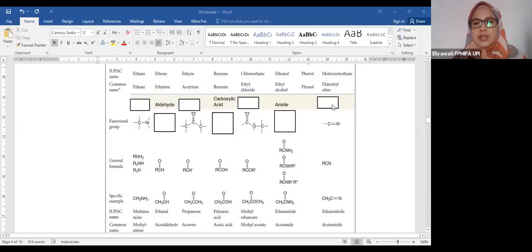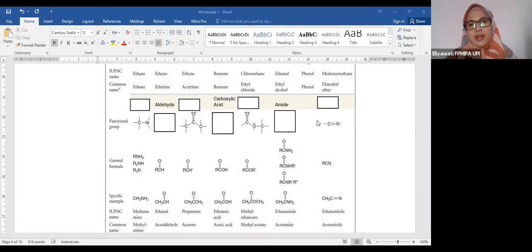All right, the last one. What is it? Nitrile, yes. Nitrile, this one. Okay, good. Any question about functional groups?